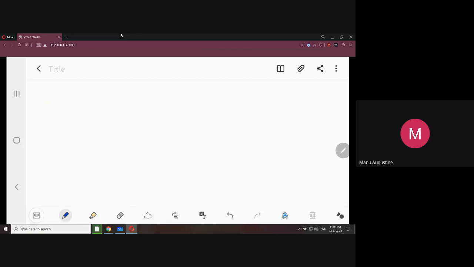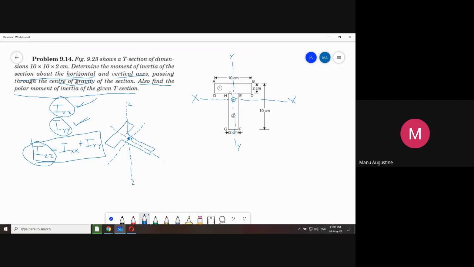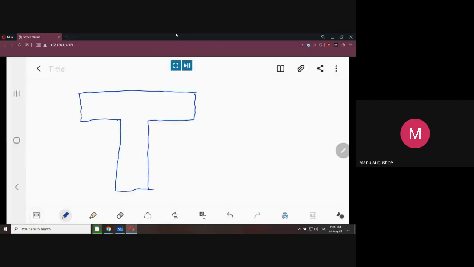by drawing it here. So I will draw the image like this so that it is with all the dimensions that is needed. And since a T section is a composite section, we have to break it up into two areas. So it's convenient for us to break it up like this.